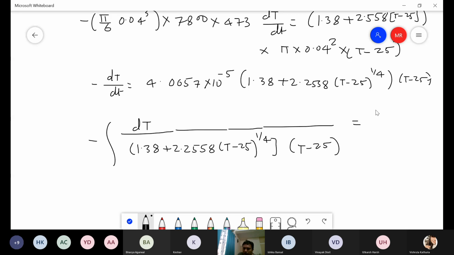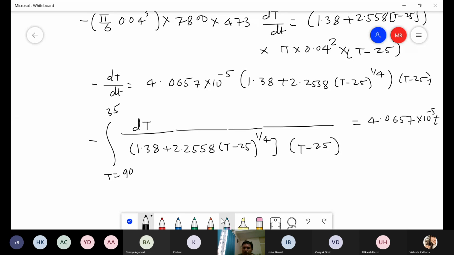So this is one end, and the right hand side is going to become 4.0657 into 10 raised to power minus 5, and this is integration. If we take it on the right hand side, integration of dt becomes just t, correct? And this limit goes from T equals 90 to 35, isn't it?